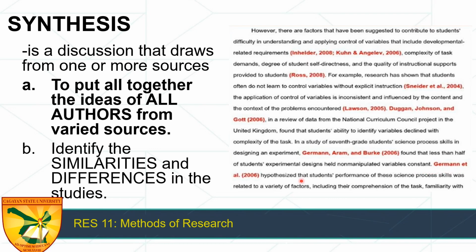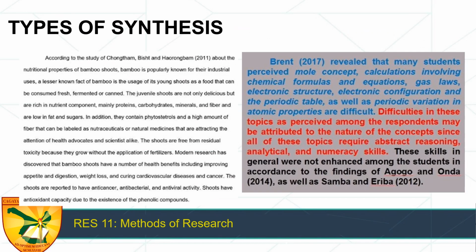And German et al. in 2006 hypothesized that the students' performance of these science process skills was related to a variety of factors, including their comprehension of the task. So you will see here the researcher identified similarities in the difficulty in understanding of students and the differences in the studies.